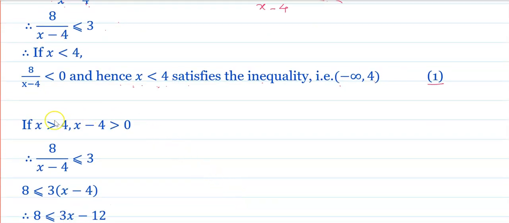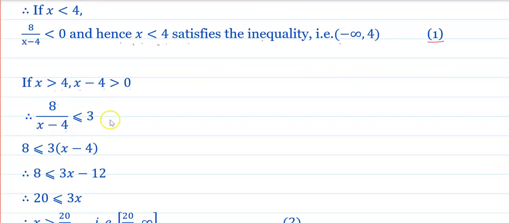And if x is greater than 4, then what will happen? If x is greater than 4, then x minus 4 will be positive. Okay, that is 8 upon x minus 4 is less than or equal to 3. Again, if we simplify, multiply this inequality by x minus 4 on both sides.